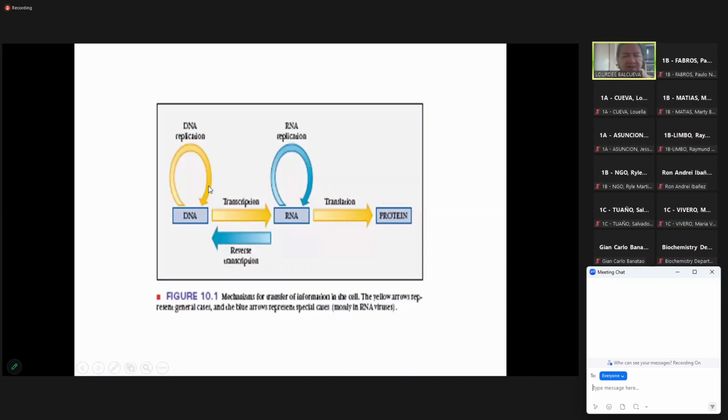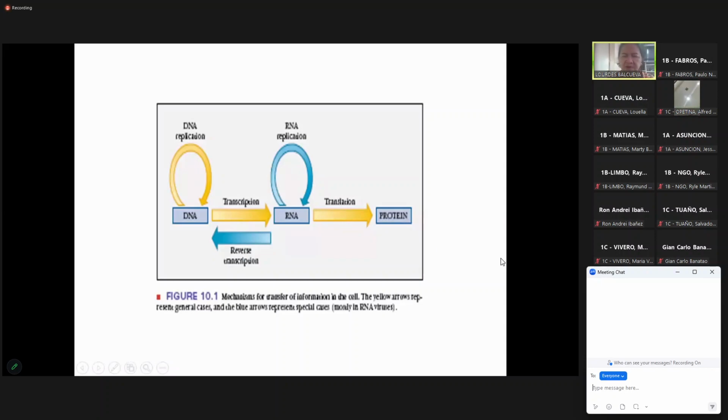One strand of this DNA molecule is used for transcription, for the synthesis of RNA. You have three types of RNA: messenger, transfer, and ribosomal RNA. And from there, of course, the genes will be formed and translated into amino acids and proteins. That is how our life goes.